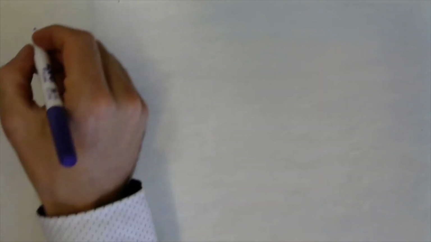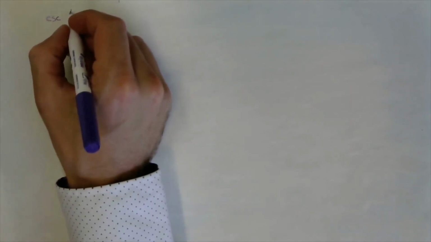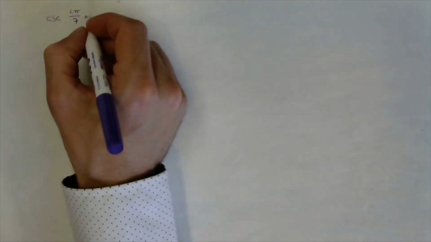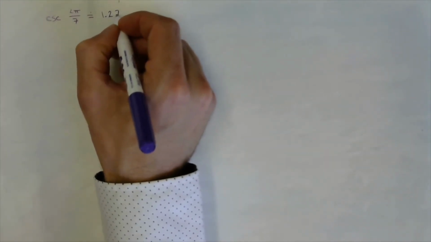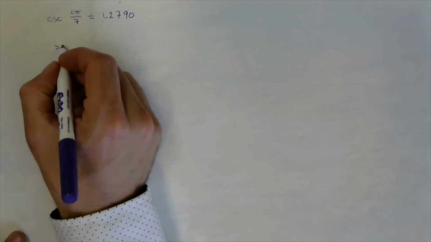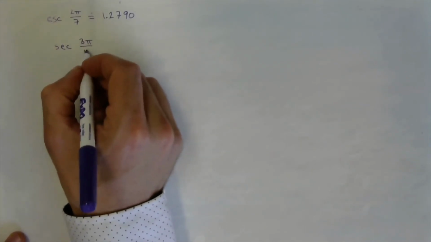Last example there in your notebook, example 4, we are given that the cosecant of 2 pi over 7 is approximately 1.2790. We're going to use equivalent trigonometric expressions to evaluate the secant of 3 pi over 14.